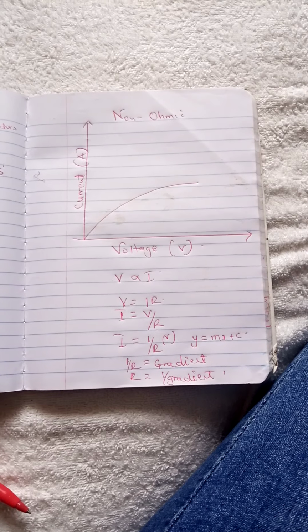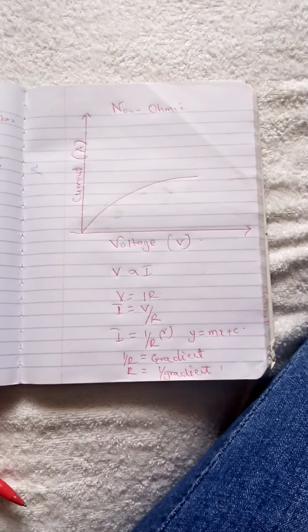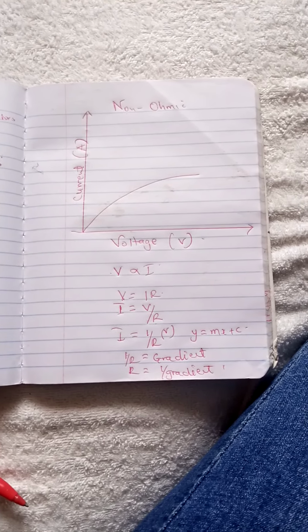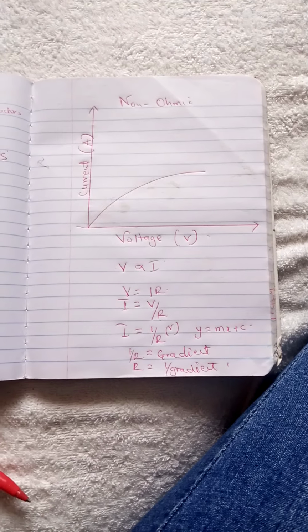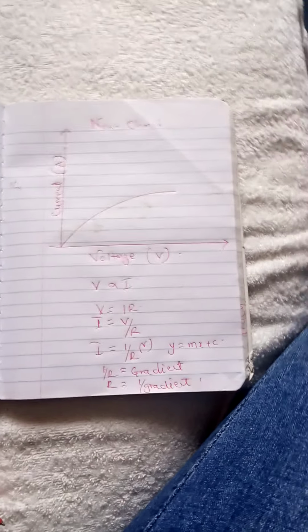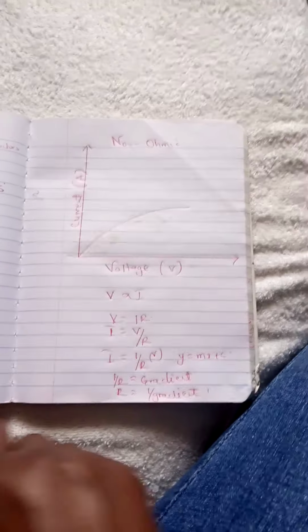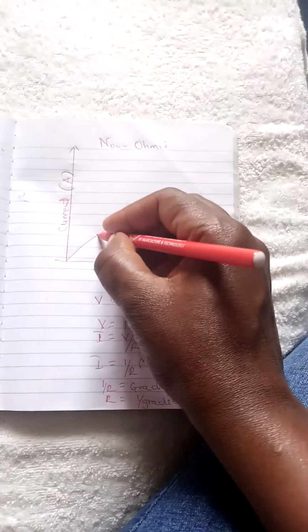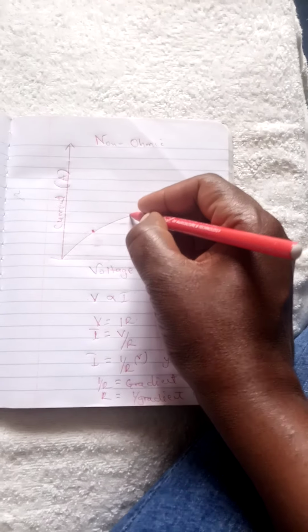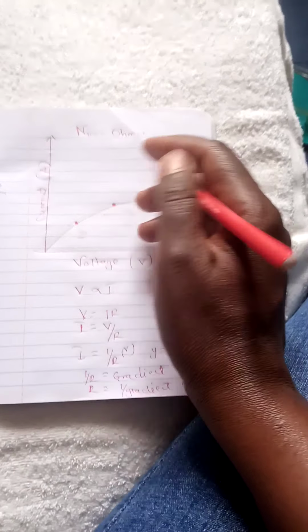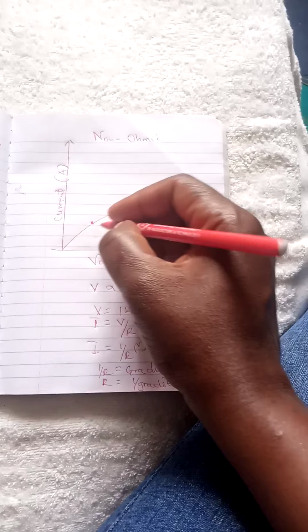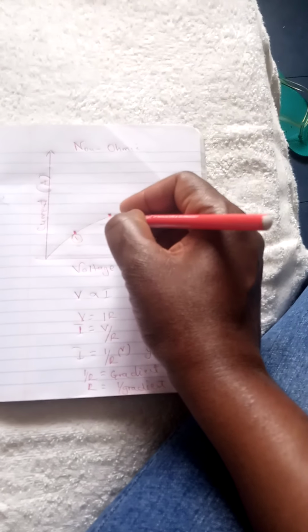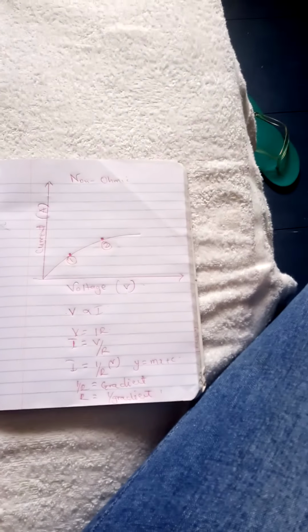When it is a curve, we no longer talk about the gradient of that graph, but we will talk about the gradient at a particular instant. For instance, if an exam is having a curve, the graph of the exam is a curve like the one I'm having, you can only be asked to find the gradient at point 1 or the gradient at point 2.